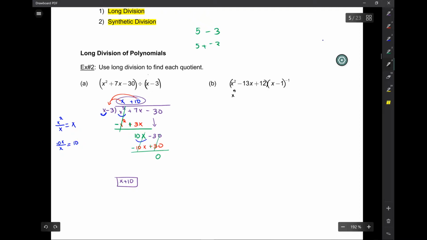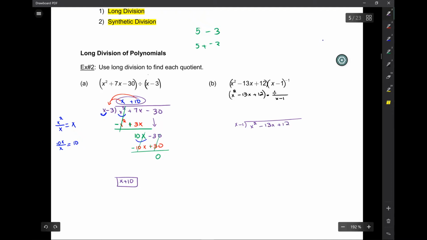So what I have here is x squared minus 13x plus 12 times 1 over x minus 1. All right, so times 1 over is the same as divided by x minus 1. So this is going to be long division again. X minus 1 divided into x squared minus 13x plus 12.